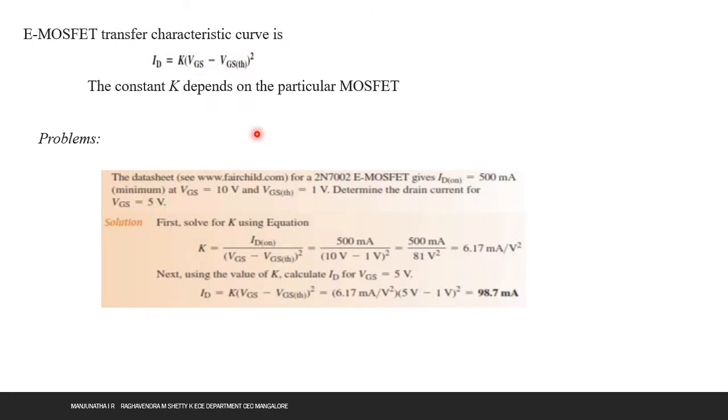Next, moving on to the problems on E-MOSFET. The E-MOSFET transfer characteristic curve is ID equals K times (VGS minus VGS threshold) whole squared.